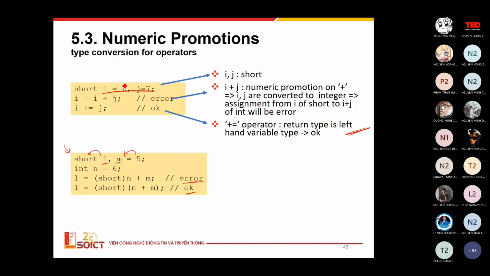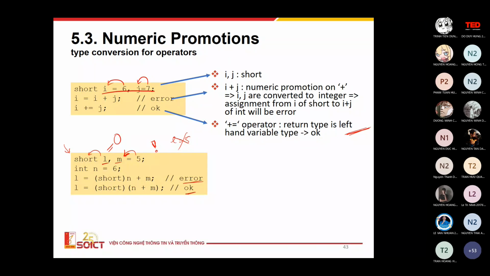Here you assign 6 to E and here you assign 7 to Z. Here you just assign 5 to M. L is equal to 0. Please remember. Với những bạn mới lập trình nhá thì là nhìn và phân biệt hai câu lệnh này nhá. Được chưa? Một câu lệnh này gán cho cái gì thì là phải gán thẳng vào cái biến đấy. Chứ còn dùng cái dấu phẩy này thì không có nghĩa là L cũng bằng 5 đâu nhá. Không phải đâu. Chỉ có M bằng 5 thôi, còn L là bằng 0. Câu lệnh này chỉ khai báo L là kiểu short nhá. Và M là kiểu short và M bằng 5.